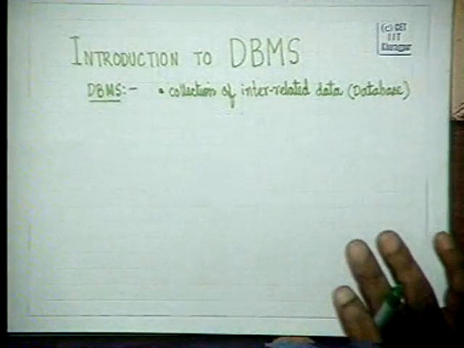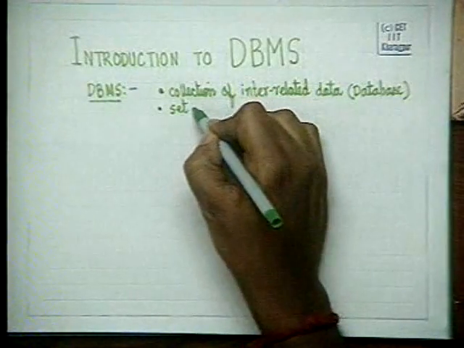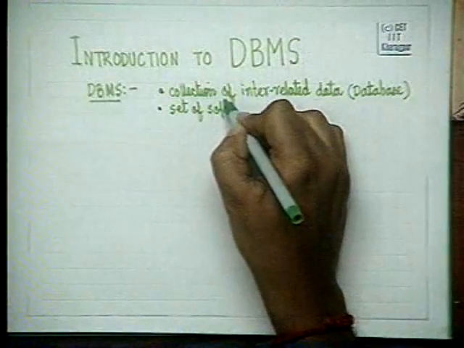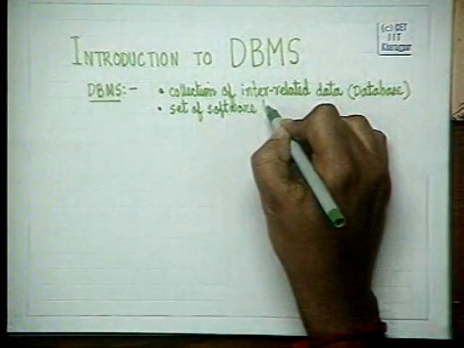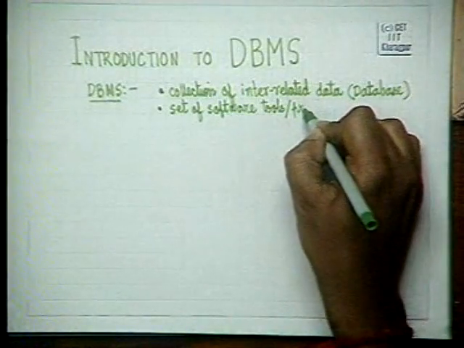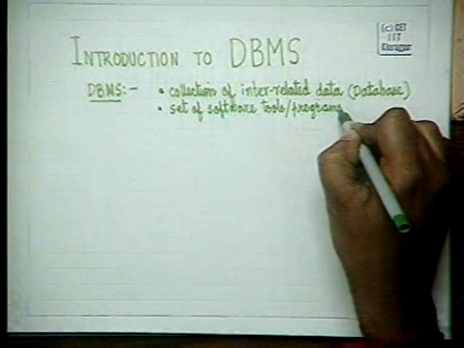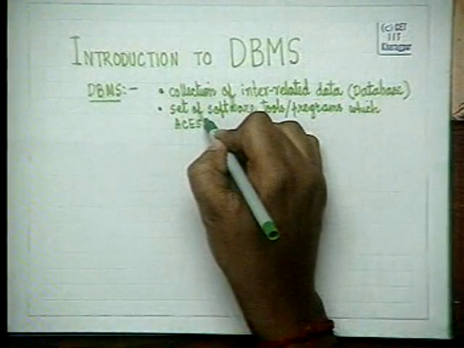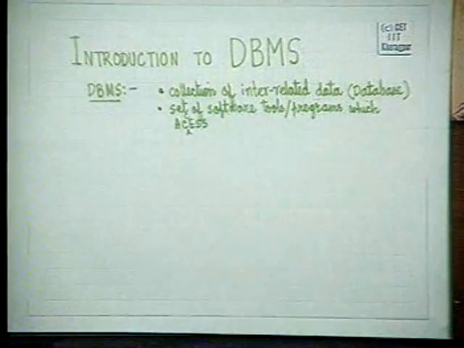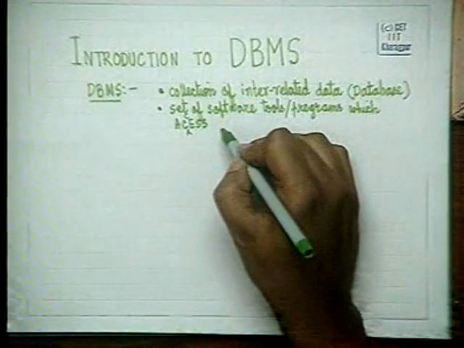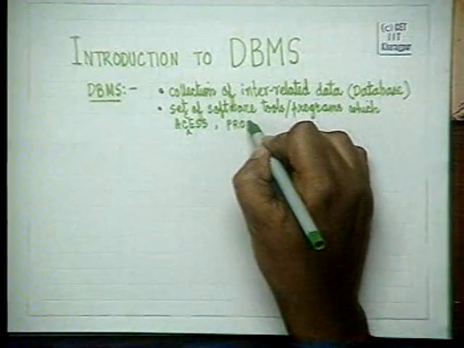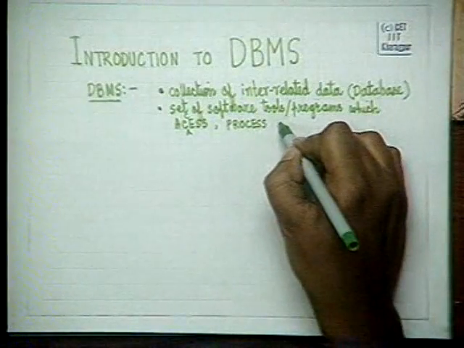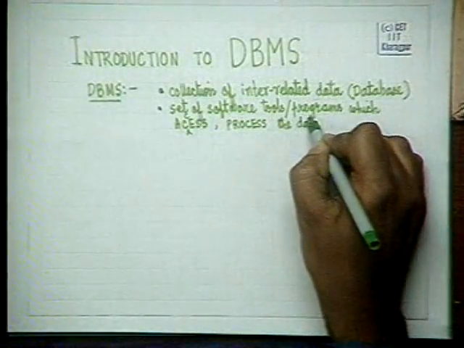The second major component is a set of software packages or software tools, or programs in the most simple sense, which are able to do two things on the data: first, they must access the data, and the other thing they can do is process the data that resides in the database.